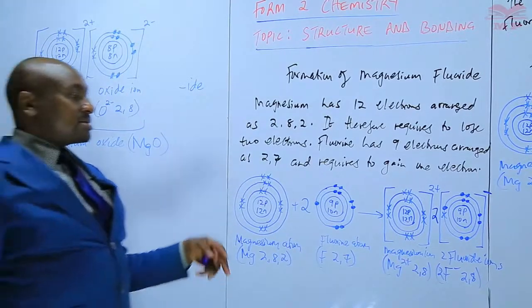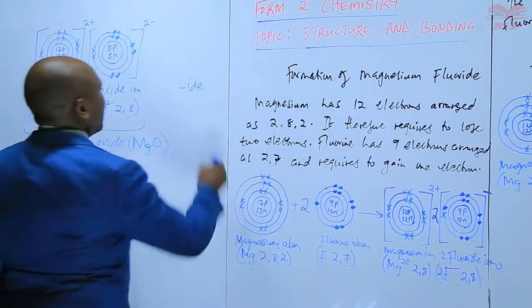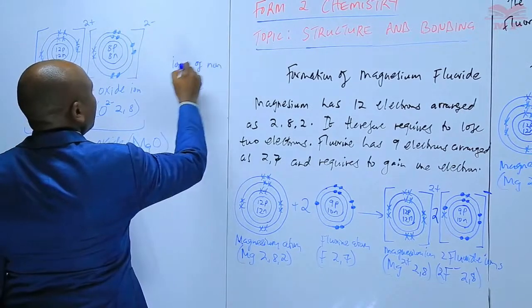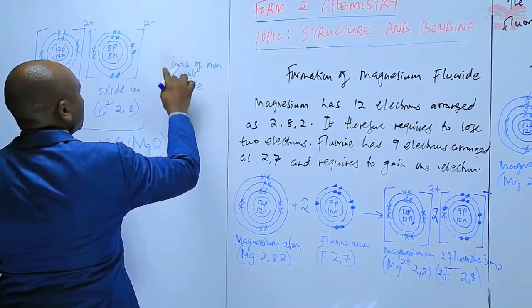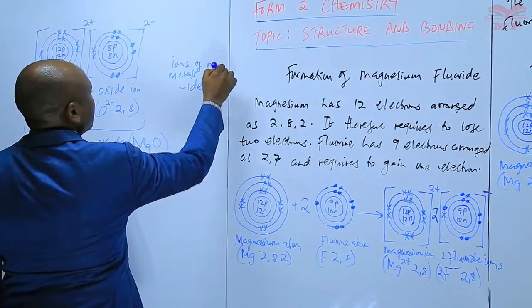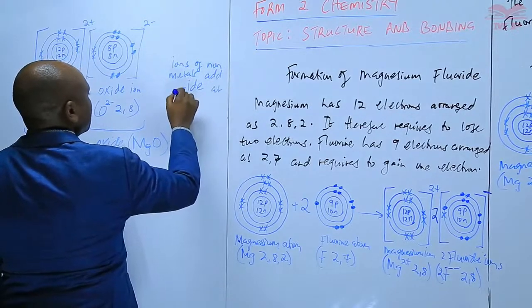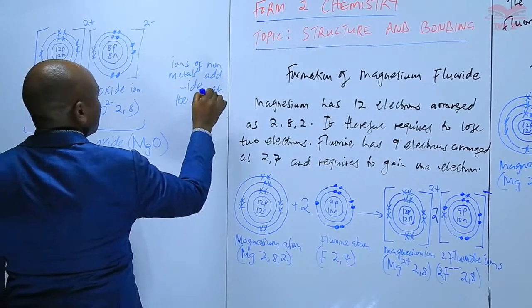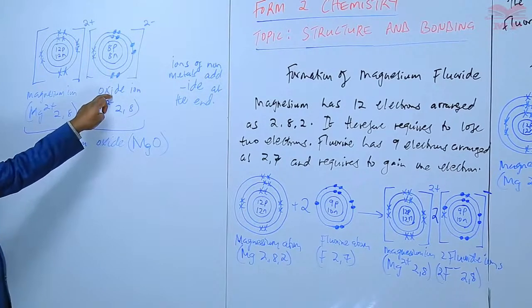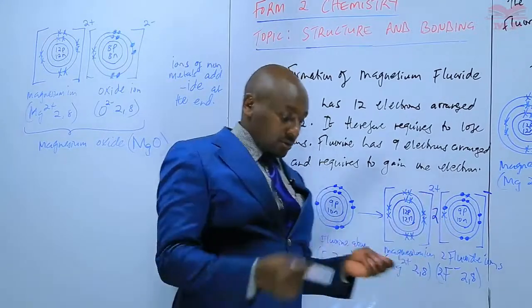Magnesium remains, calcium remains, sodium remains. But for the ions of nonmetals, these are the ones that we add an IDE at the end. So hence oxide, not oxygen ion, but oxide ion. Not fluorine ion, but fluoride ion.